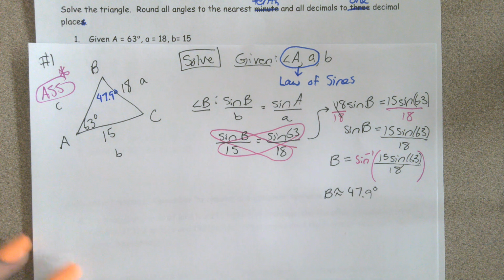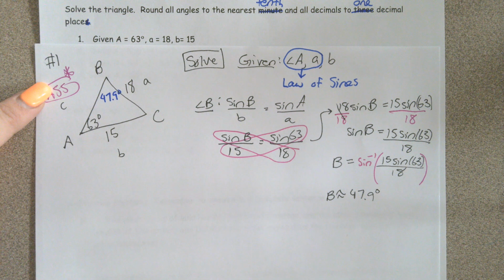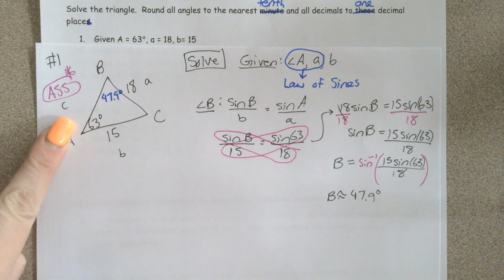Now from here, here's where we have to consider the case of the second triangle. So there are 2 ways to tell if you have 1 or 2 triangles. One of them is my preferred way, which is just to sit back, look at the triangle, and logically think your way through this. So b is smaller than a.